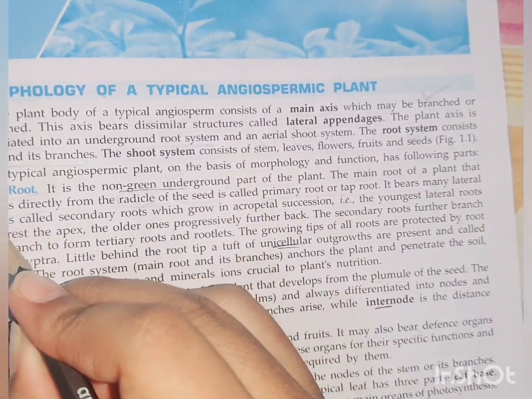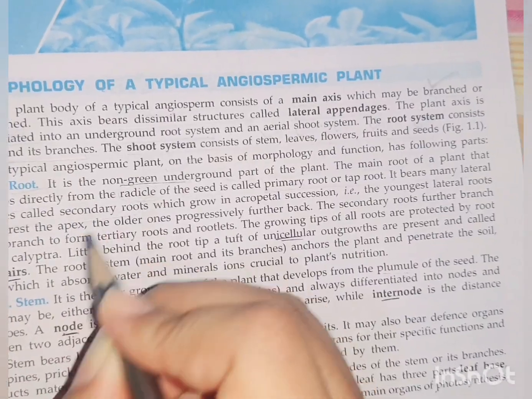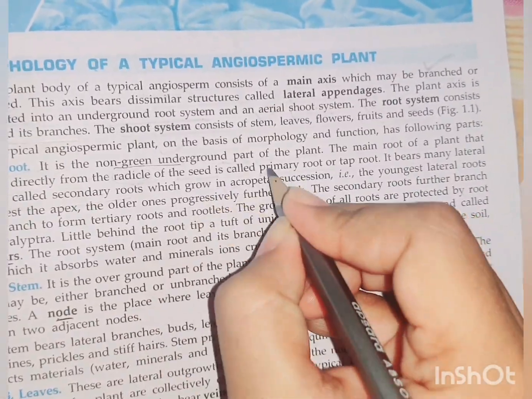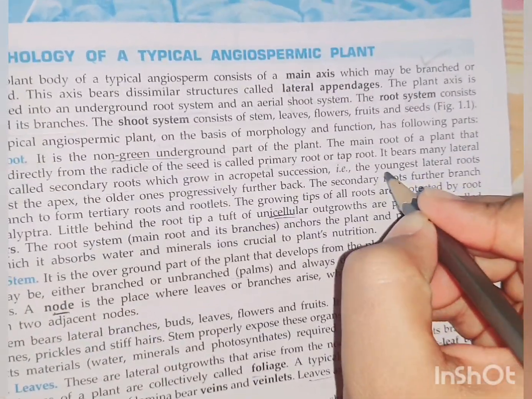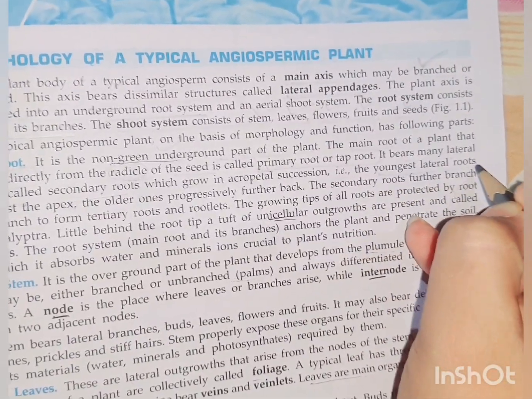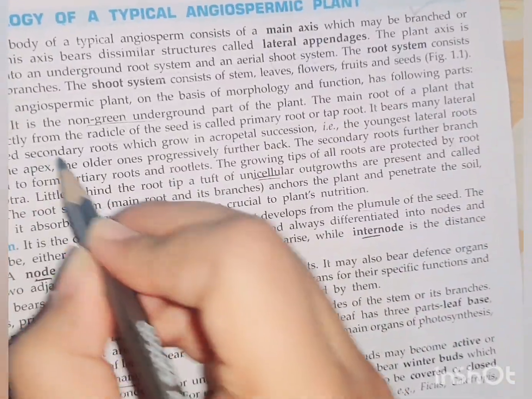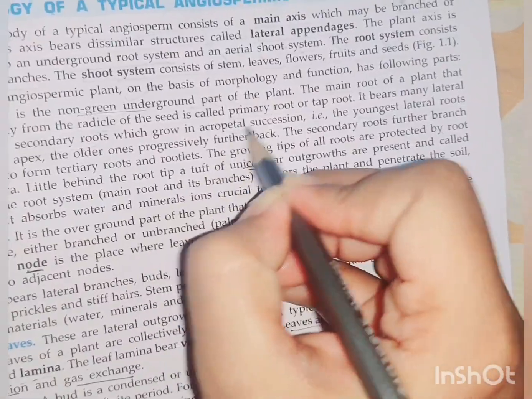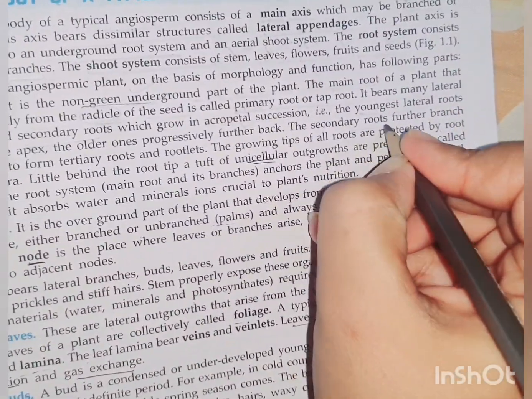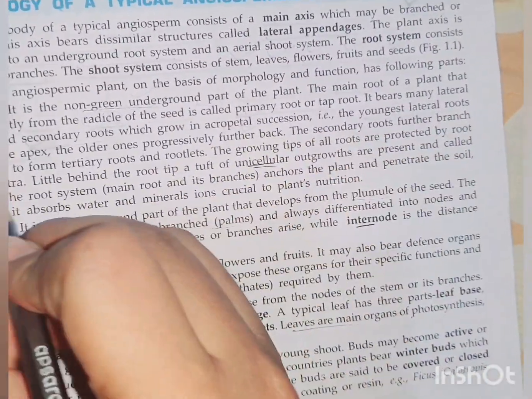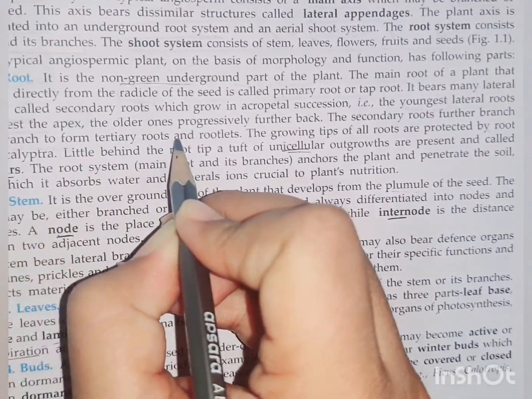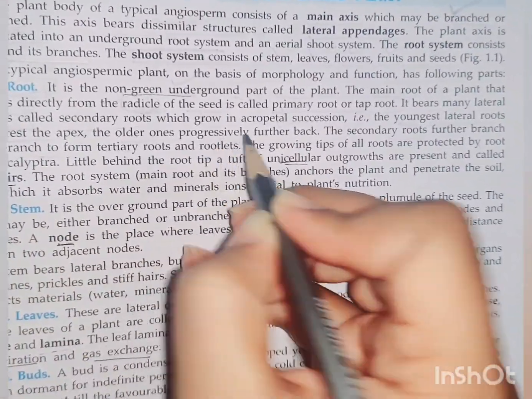It bears many lateral branches called secondary roots which grow in acropetal succession. That means youngest lateral root near the apex and older ones progressively further back. Secondary roots further branch and rebranch to form tertiary roots and rootlets.